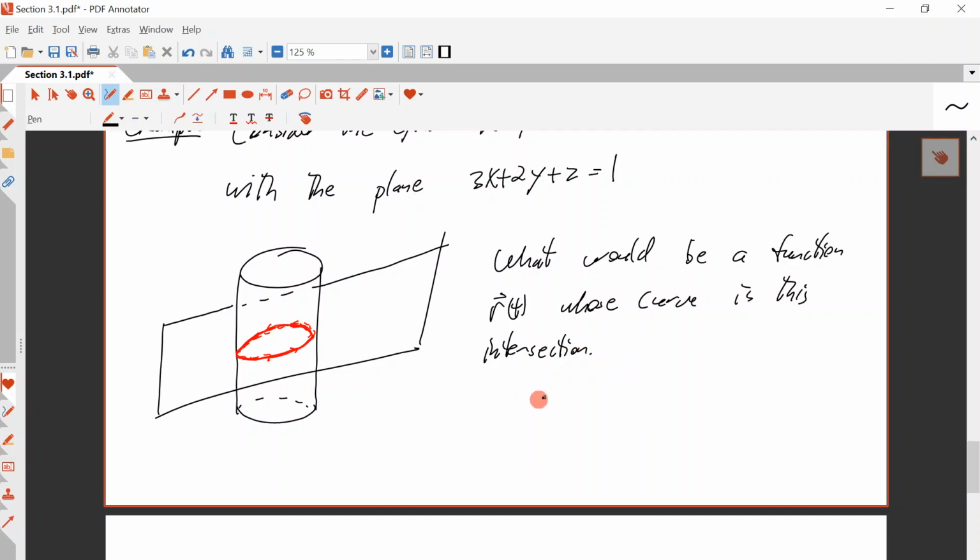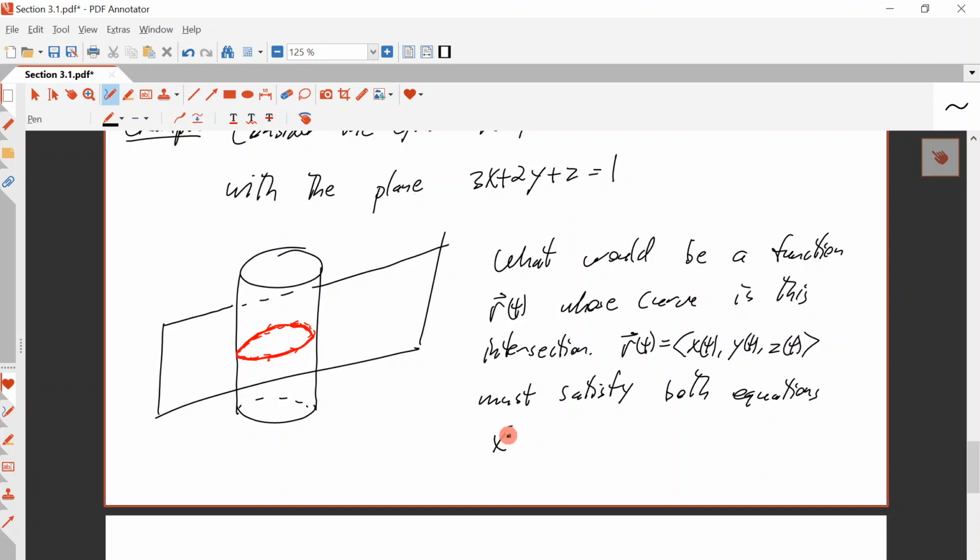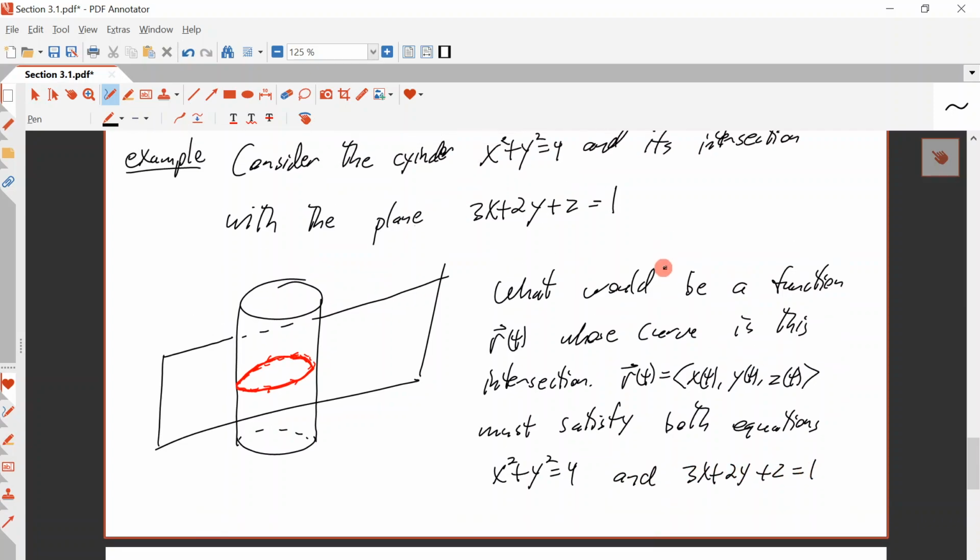Well, r of t equal to x of t, y of t, z of t must satisfy both equations: x squared plus y squared equals 4, and 3x plus 2y plus z equals 1.